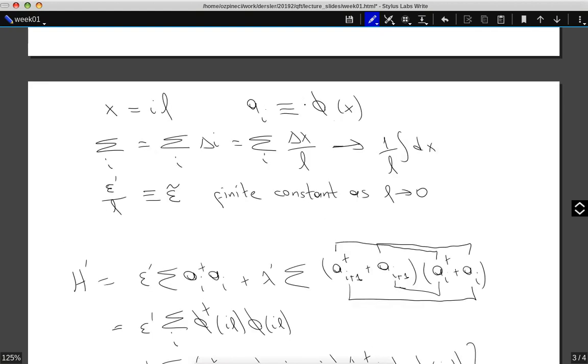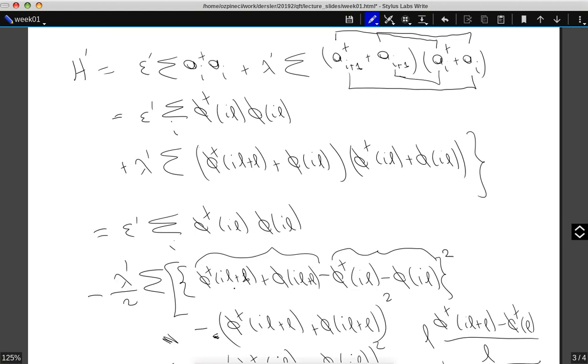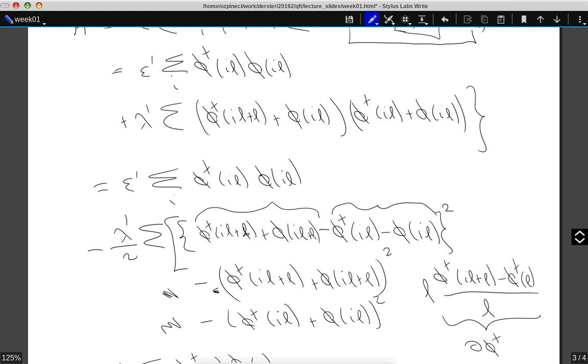Okay, so let me correct my derivation over here. So here I have a 1 over square root of L. So what changes in these derivations? Well, here there is a 1 over L already.